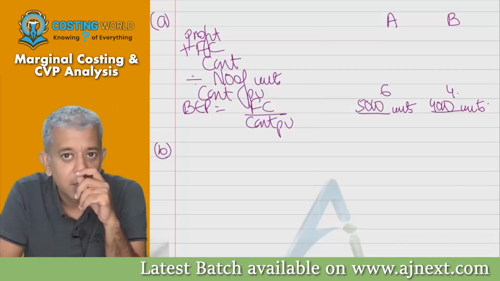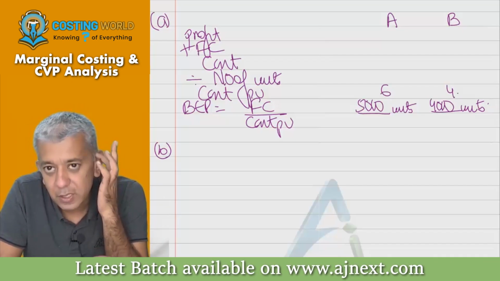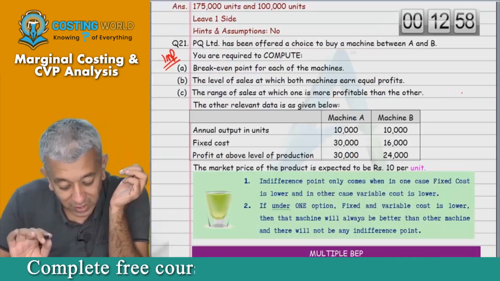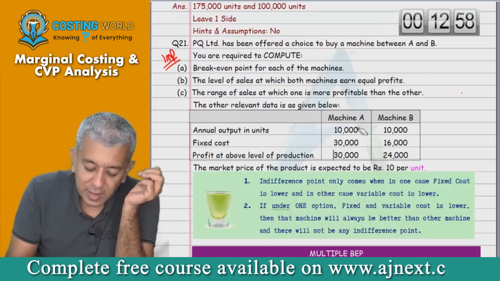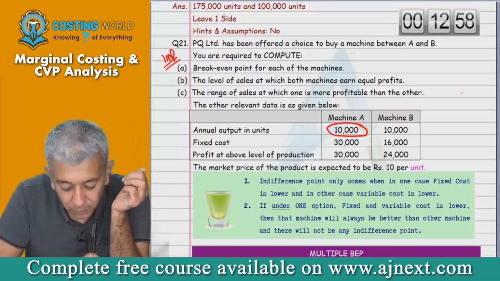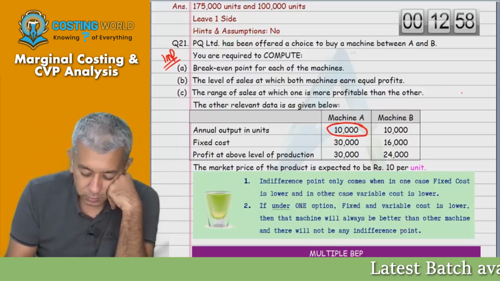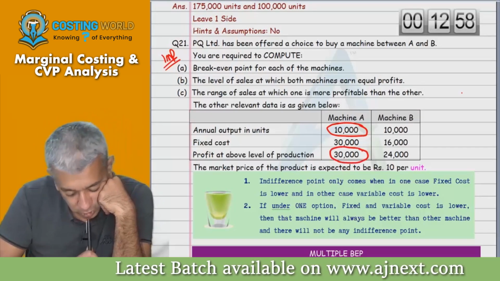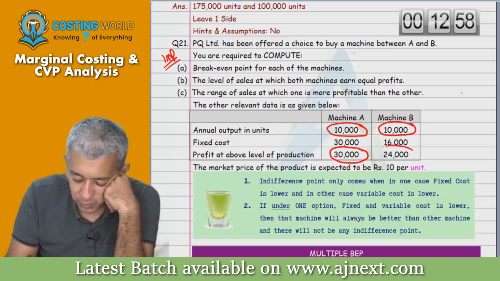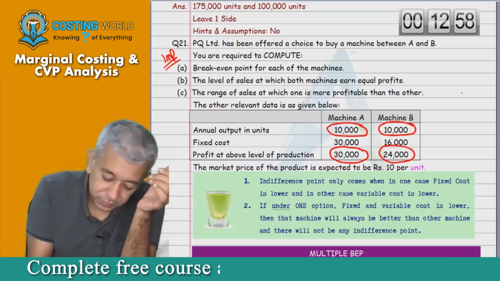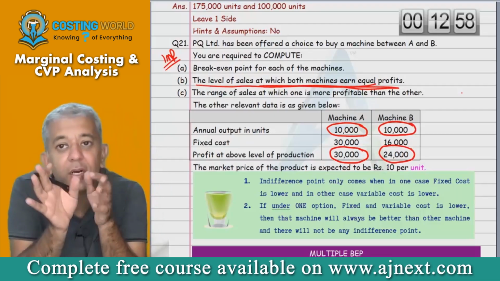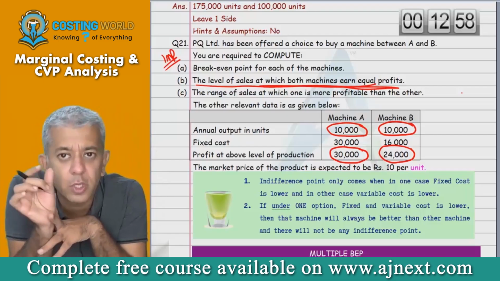Now listen. Now part B is what I'm doing this question for. Listen to me very carefully. If you produce and sell 10,000 units from machine A, your profit is this much. If you produce 10,000 units from machine B, profit is this much. Question is, at how many units will both of the machines earn the same profits? You understood the question?